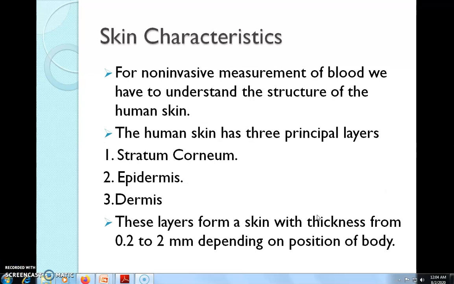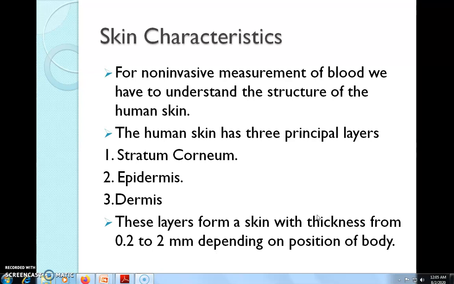Next we discuss the skin characteristics. In order to appreciate the challenges of non-invasive measurement of blood chemistry, it is important to understand the structure of human skin first. The human skin has three principal layers: the stratum corneum, epidermis and dermis.